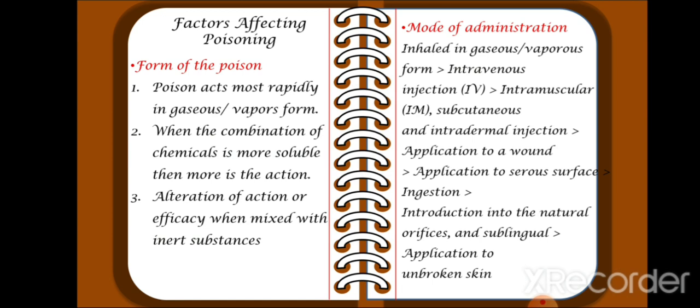The third point is alteration of action or efficacy when mixed with an inert substance. When we take a reactive substance and mix it with an inert substance, an alteration in action occurs. This is a very deadly combination, and the poison has more toxic effect than its original form. So the form of the poison is very important.